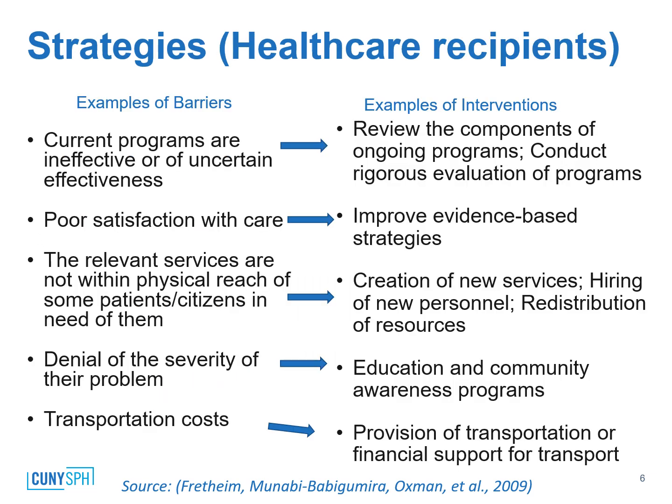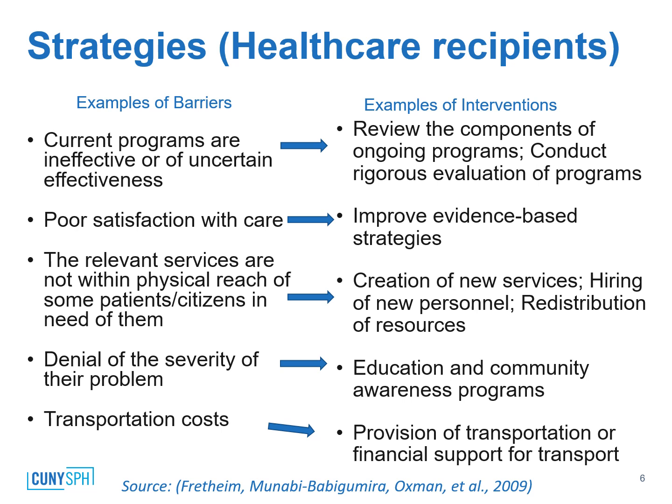Once your barriers are identified, the next step is to develop targeted strategies. For healthcare recipients, common barriers include program ineffectiveness, dissatisfaction with services, lack of proximity to care, denial or low risk perception, and cost of transportation.